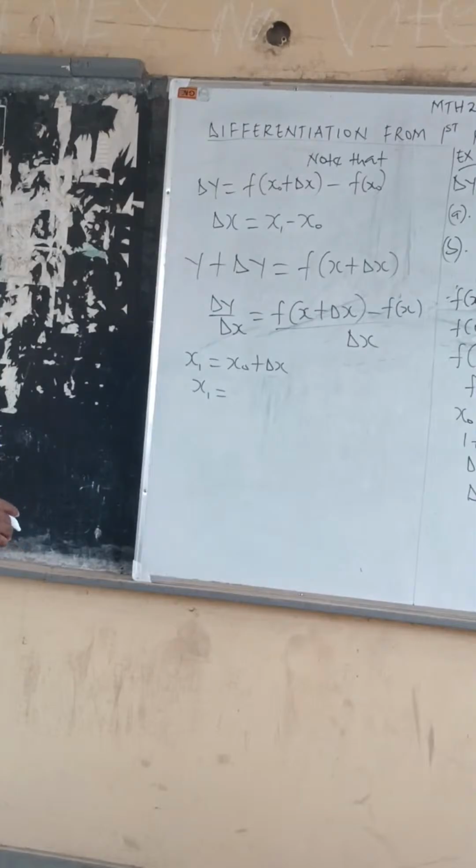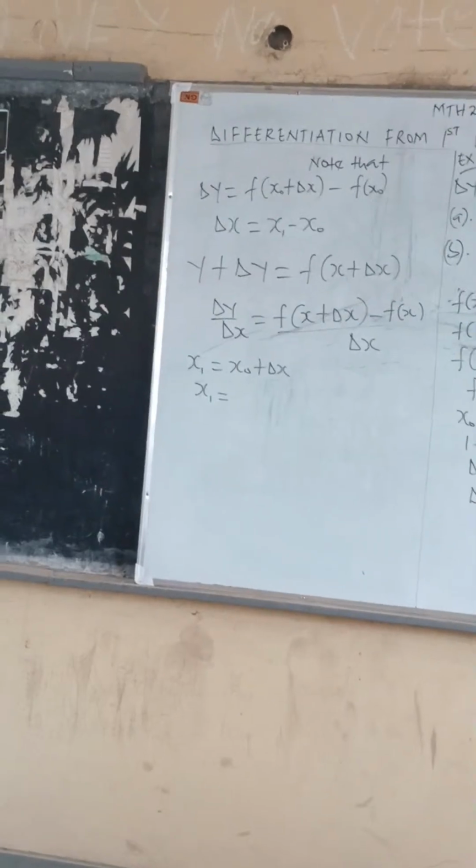X0 is 1, and dx is 0.2, yeah, we got it. Then our x1 is supposed to be 1.2.